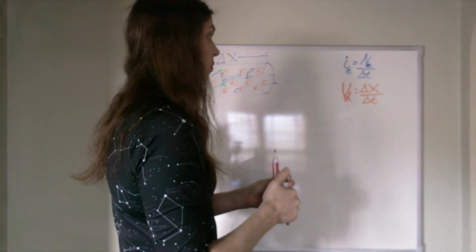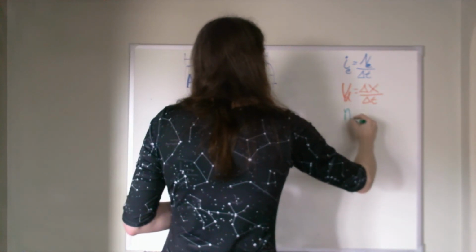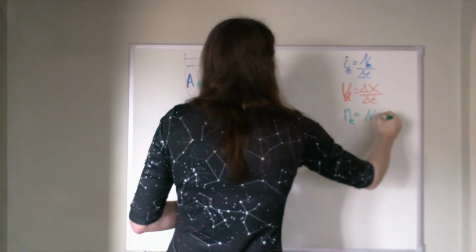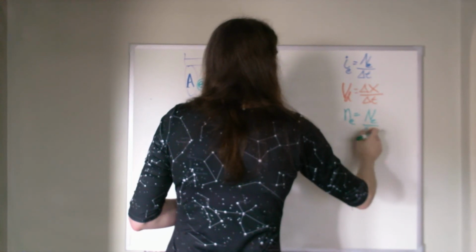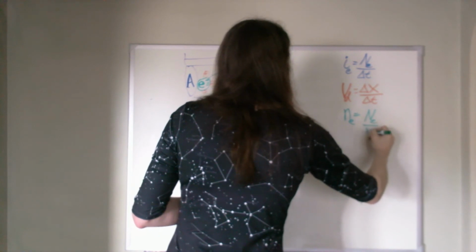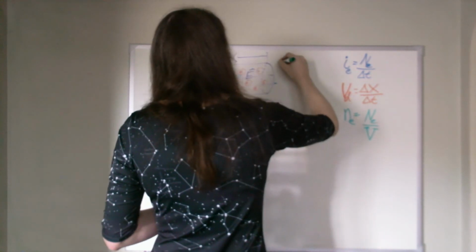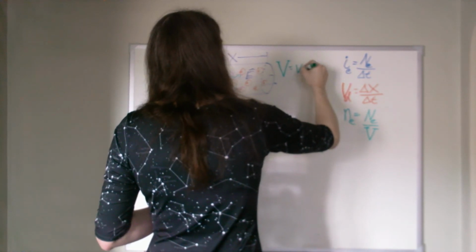And number density of the electrons is number of electrons per unit volume. And then here I'll go ahead and just stick it as V here. Capital V gets to equal volume.